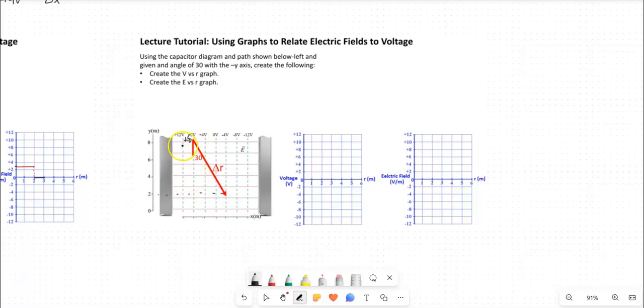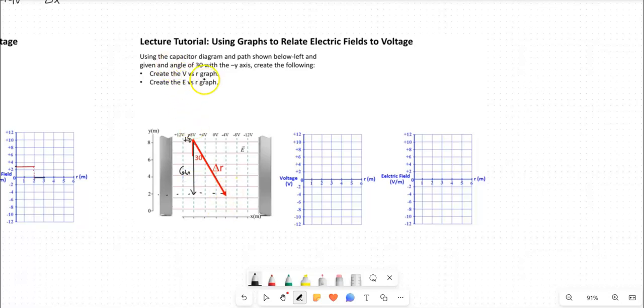So it actually went 8 meters to 2 meters, and that's only in the y direction. So what is that? It went down a distance of 2, 4, 6, yep. So this is 6 meters long, okay?